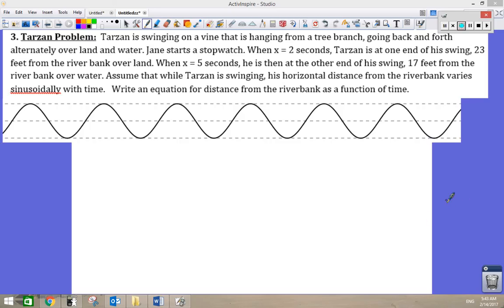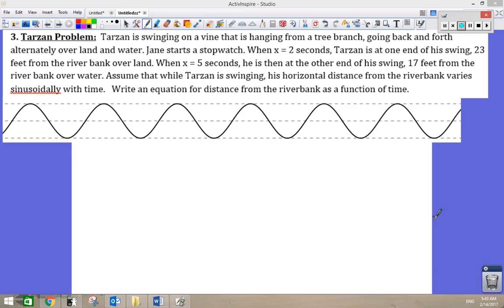Let's see, we've got Tarzan swinging on a vine that is hanging from a tree branch, going back and forth alternately over land and water. Jane starts a stopwatch. When X is 2 seconds, Tarzan is at one end of his swing, 23 feet from the bank over land.